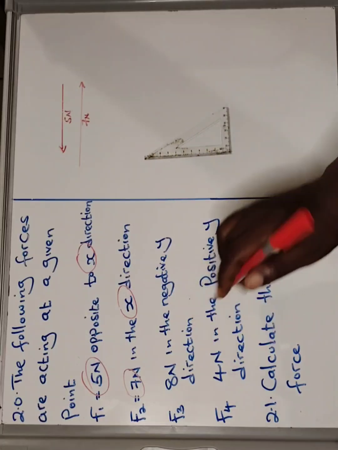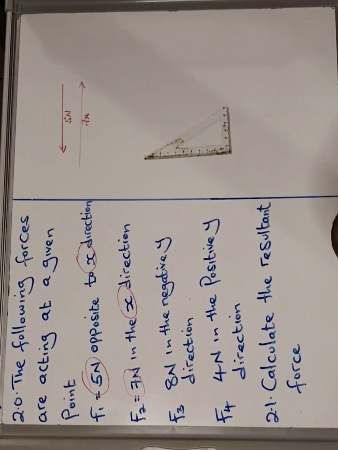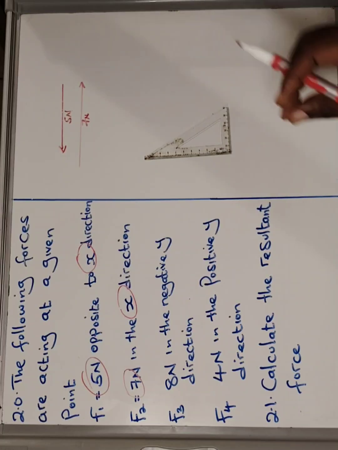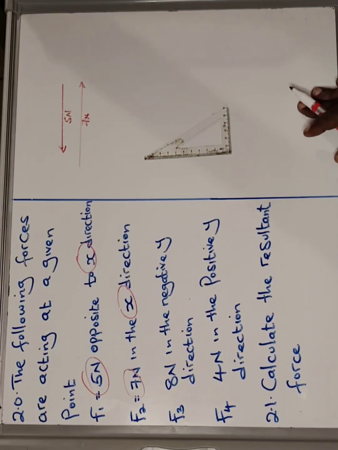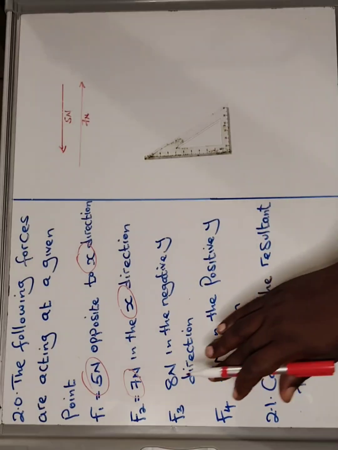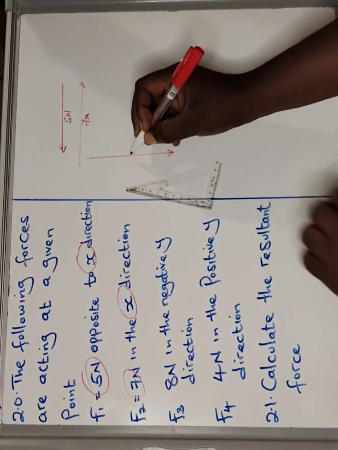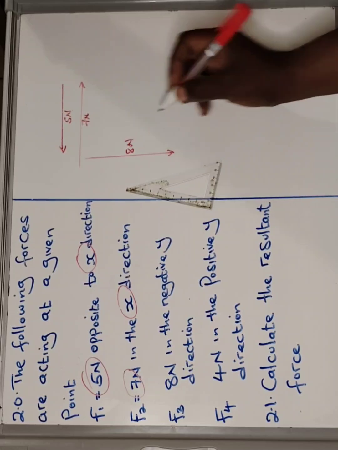The y, remember, y upwards is positive and downwards is negative. They said 8 newtons in the negative, and that's 8 newtons.